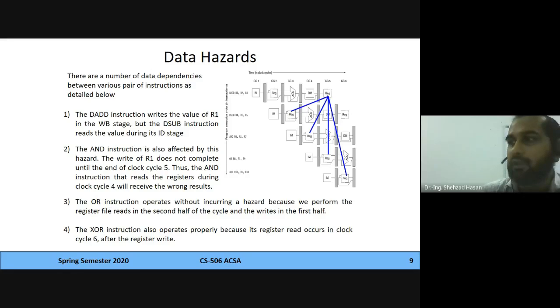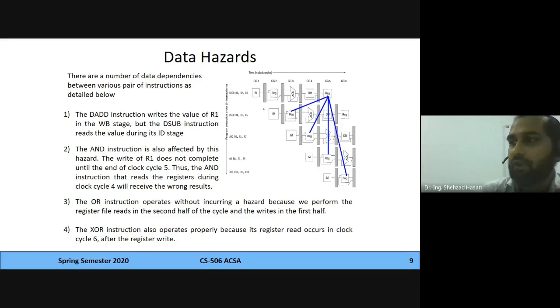Because if you insert two stalls, then subtract is going to start from this point onwards, and is going to get the value over here, and OR is going to get the value in the 7th cycle, and XOR is going to get the value in the 8th cycle. So everyone is getting the value after it has been written, and that's fine, right? But we also are inserting two stall cycles.